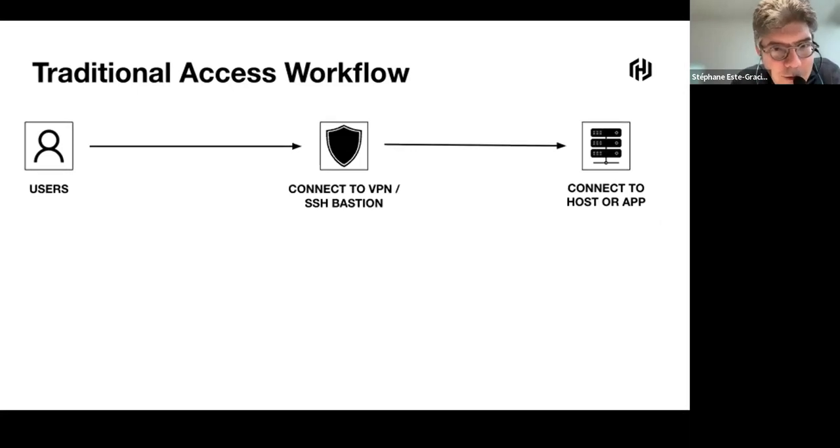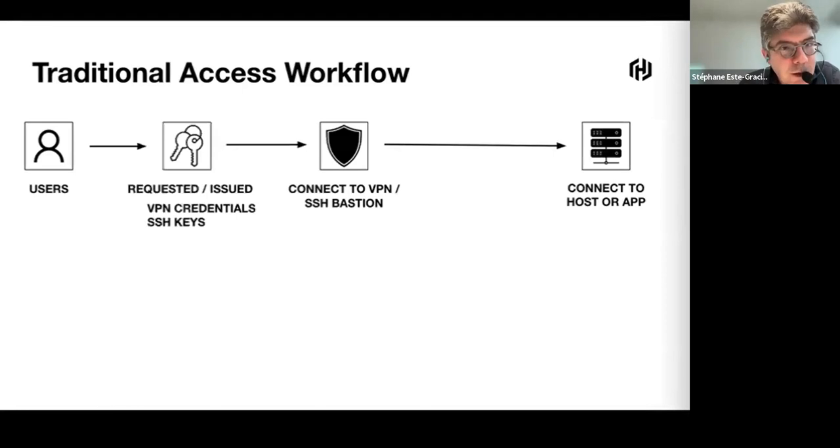Basically, this access is usually protected via a VPN or SSH bastion host or jump box, something you need to connect to before connecting to the hosts or applications. So for this, you need to request, and the administrator needs to issue VPN credentials or SSH keys for you to connect to the VPN or SSH bastion host.